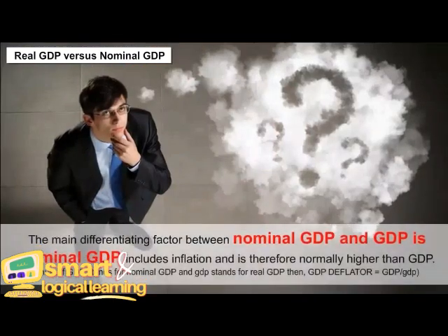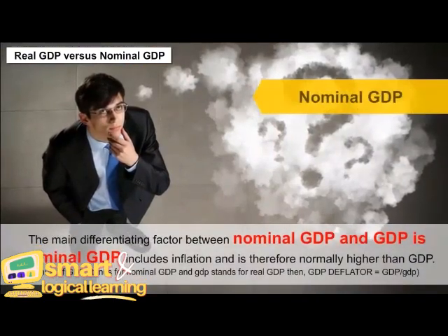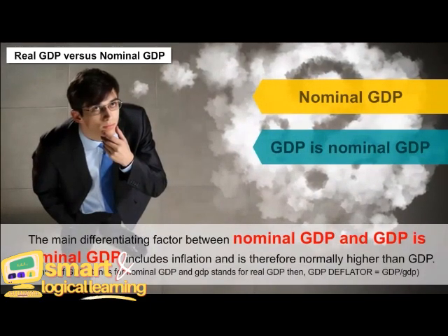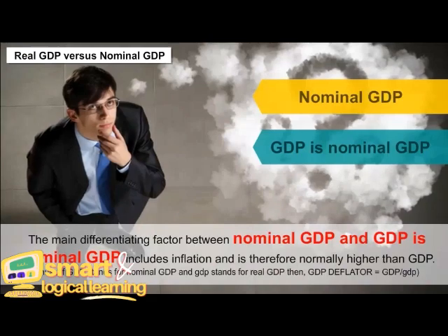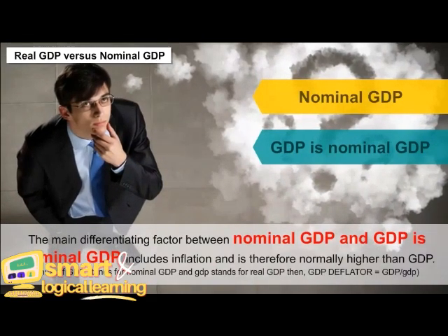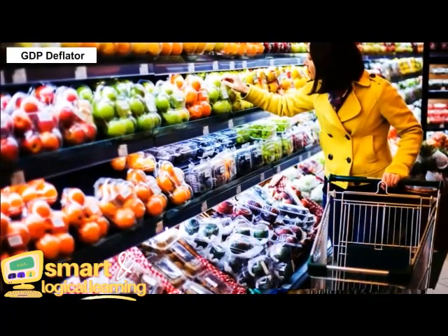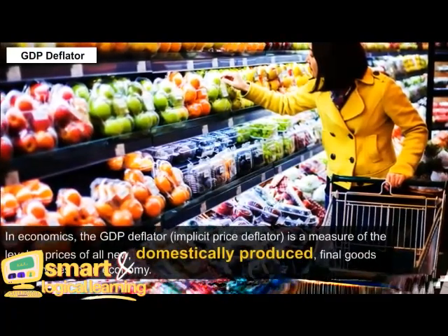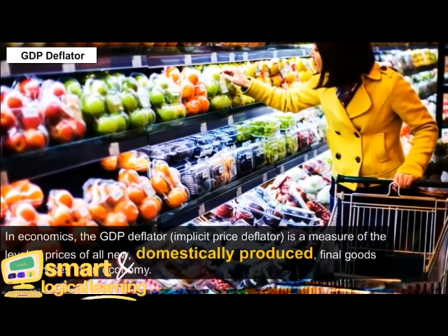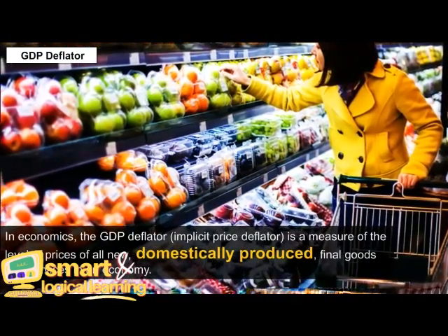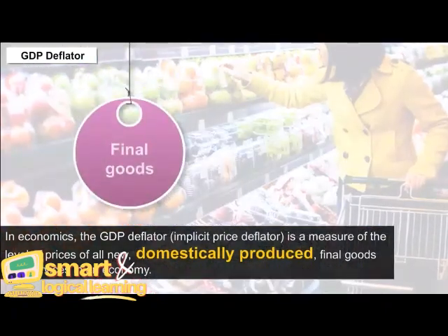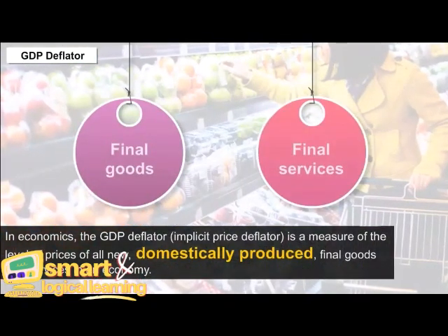The main differentiating factor between nominal GDP and real GDP is that nominal GDP includes inflation and is therefore normally higher than real GDP. GDP deflator. In economics, the GDP deflator, or implicit price deflator, is a measure of the level of prices of all new domestically produced final goods and services in an economy.